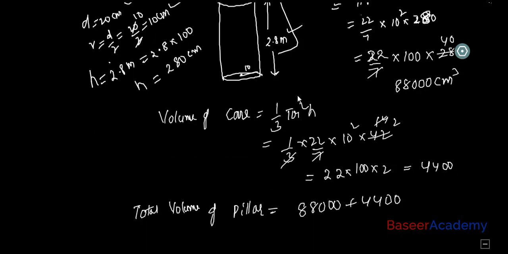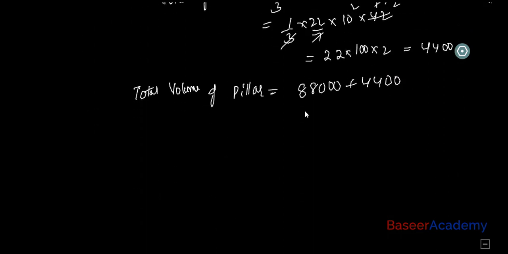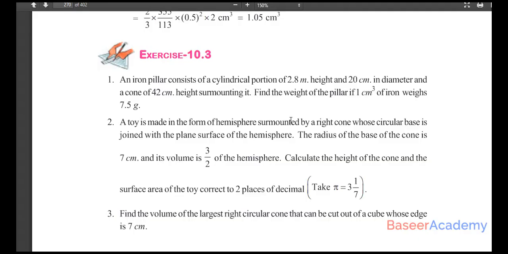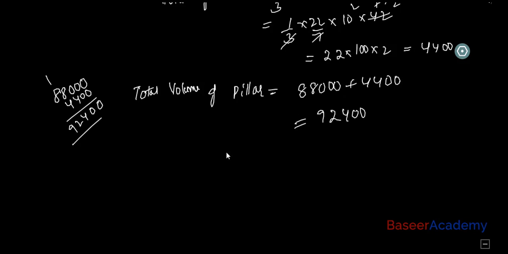So to get the total volume, we have to add these two. When we add 88,000 and 4,400, we get 92,400.